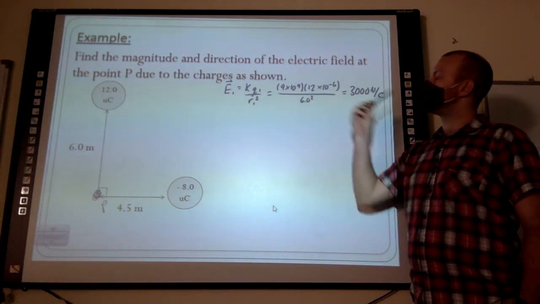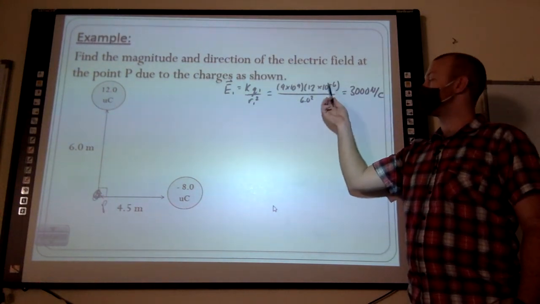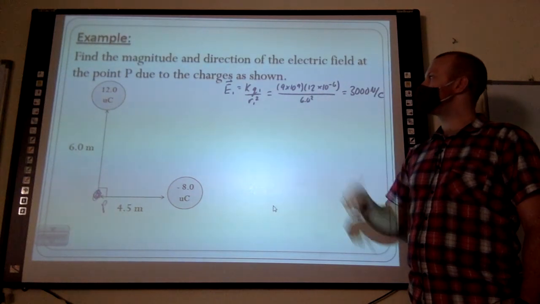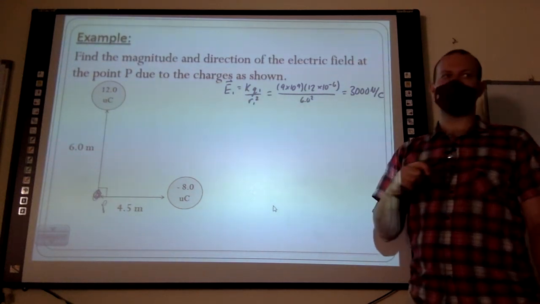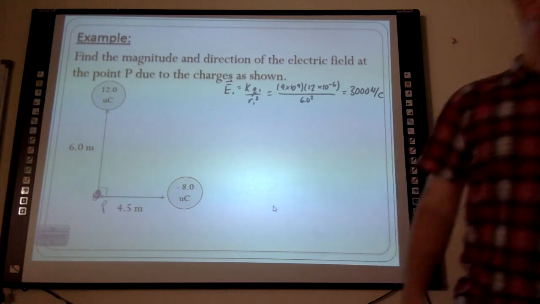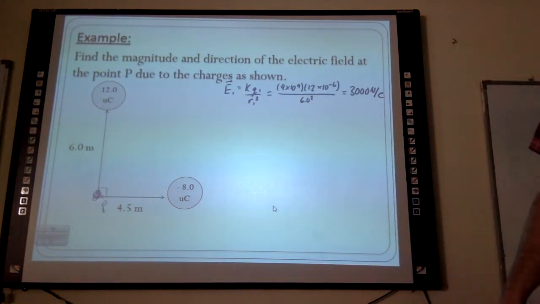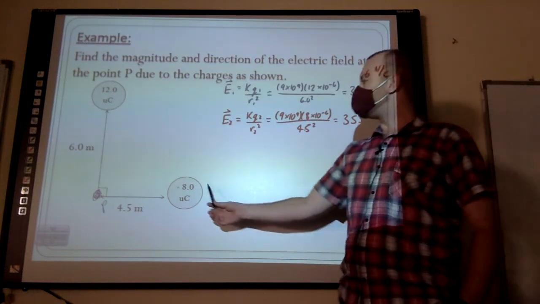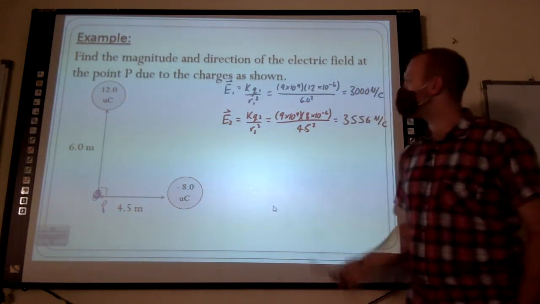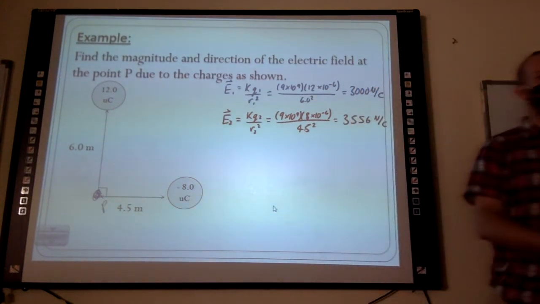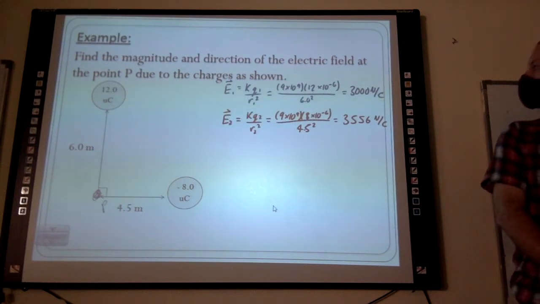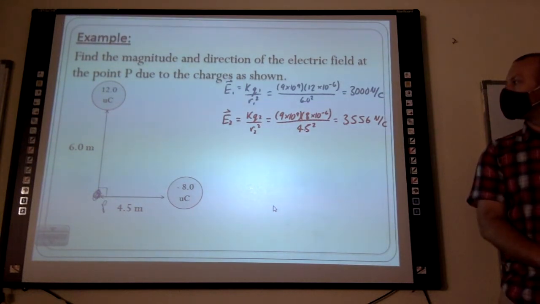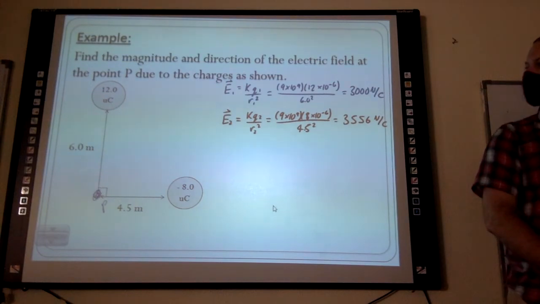I've got the charge of that object and the distance between them, so I can calculate that. Do the same thing for our other charge. Q2 is going to be 8 microcoulombs. Again, there is no negative that we put into this. We've got a different electric field.